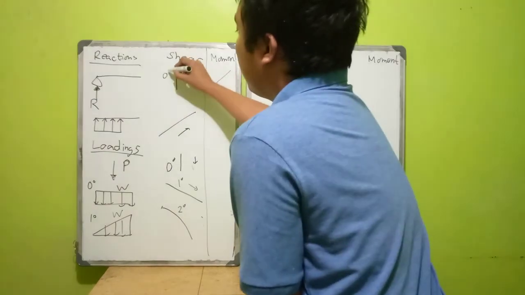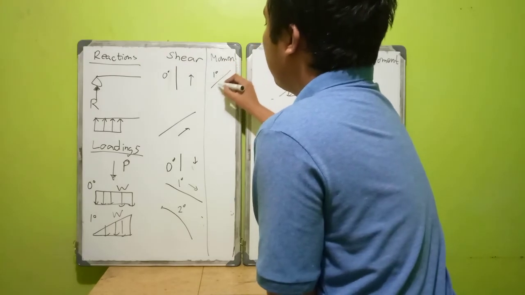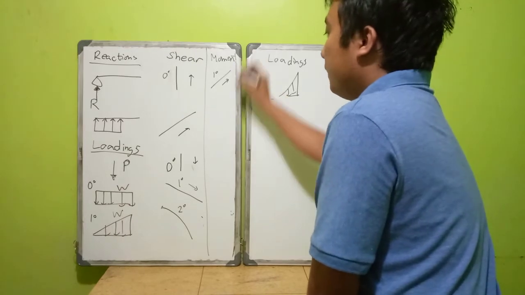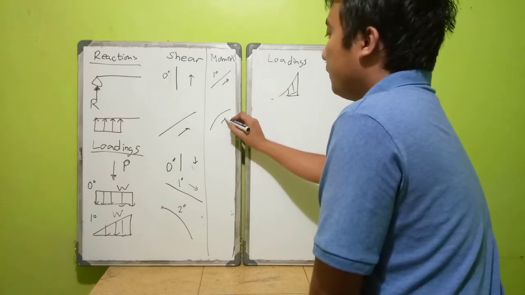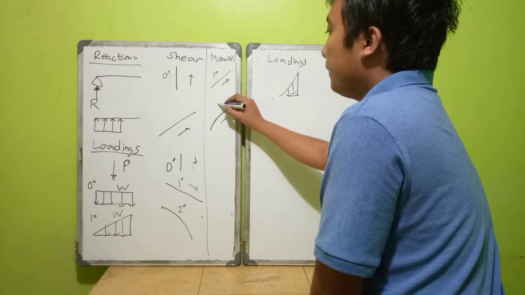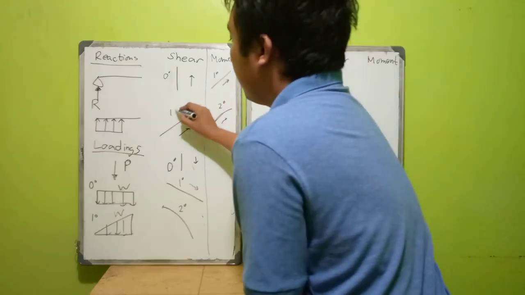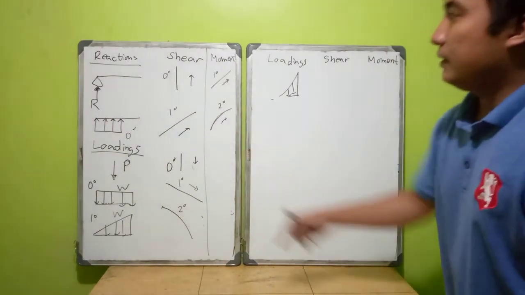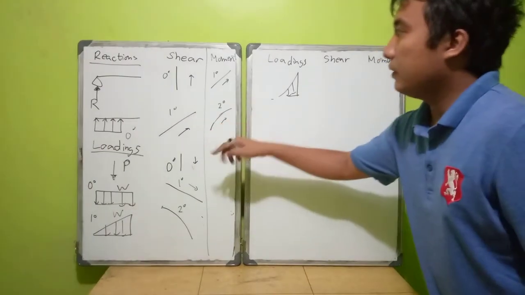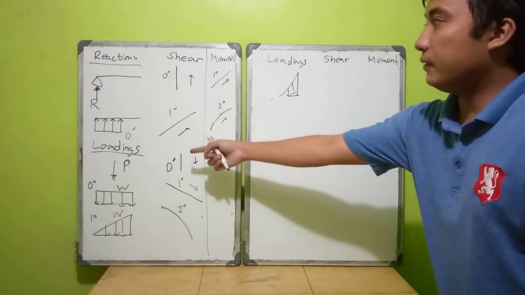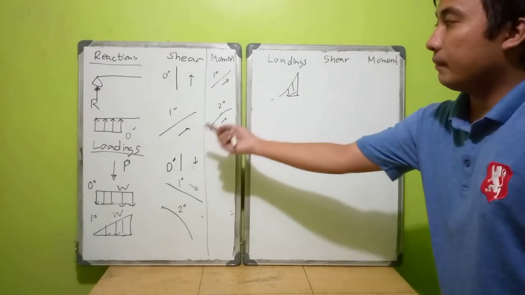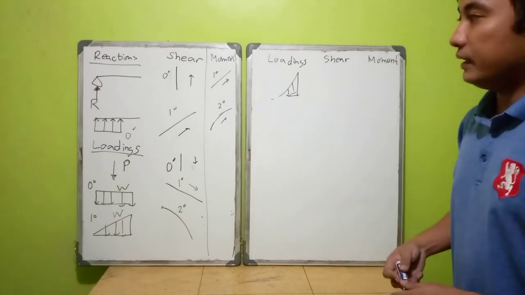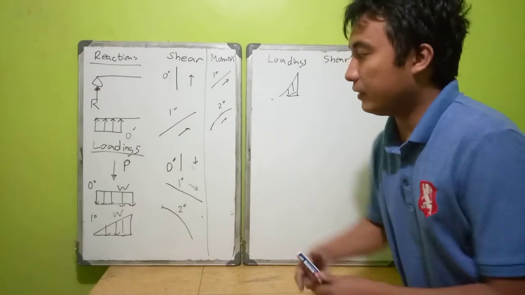So this is 0 degrees, this is 1 degree, stroke like that. And then for this moment, it would be stroked like this. This is actually a 2-degree curve and this is a 1-degree curve, this is 0 degree. From your reaction or your loading, you add 1 degree.